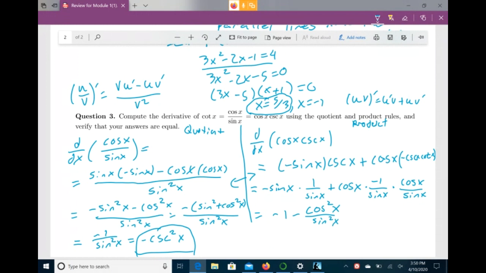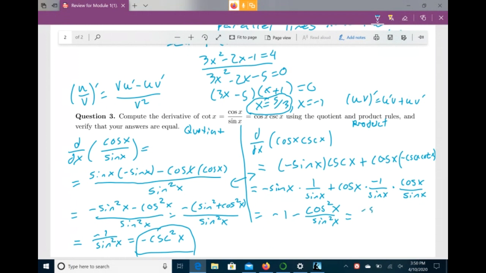Okay, so there's a couple ways you could go from here. You could write cosine squared over sine squared as cotangent squared and use an identity for that. Or you could write it as a single fraction, and you'll end up with the same. If you convert negative 1 into being a fraction over sine squared, it's just negative sine squared over sine squared.